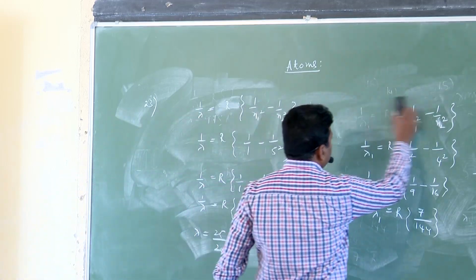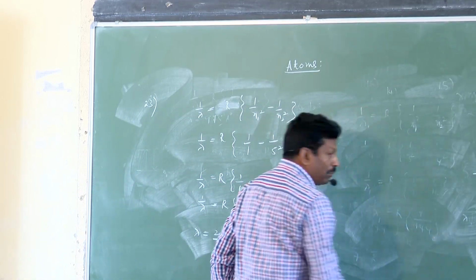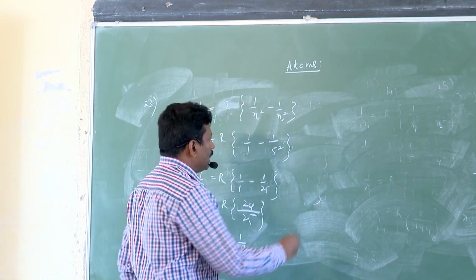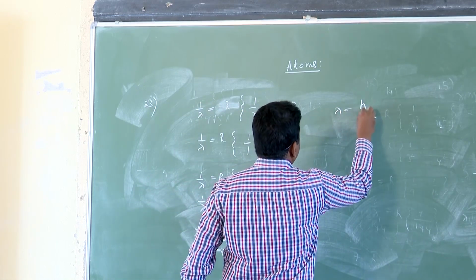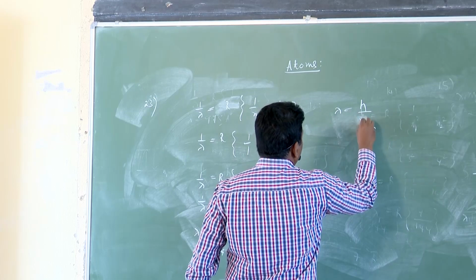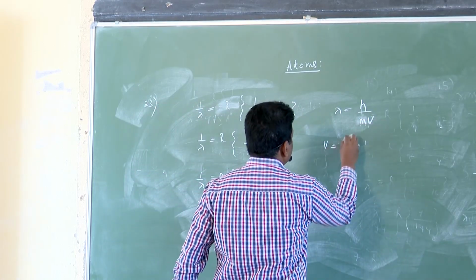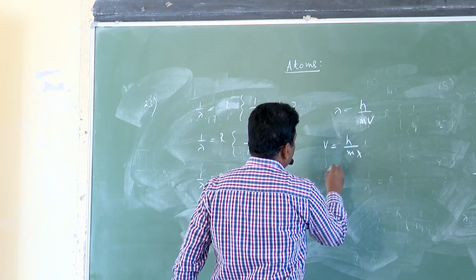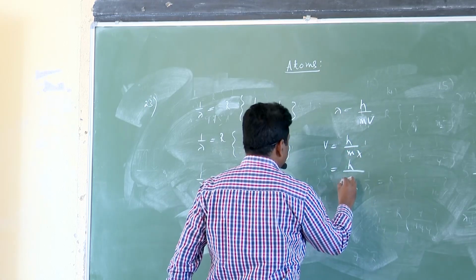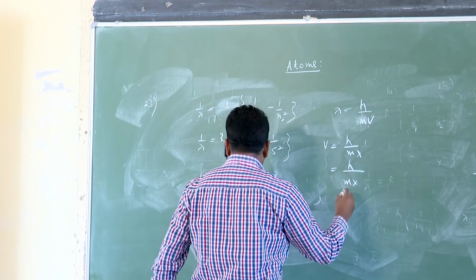Now we have to find out the velocity. So as per de Broglie's, lambda is h by mv, or h by p. So therefore v is equal to h by m lambda. So h by m lambda is how much?